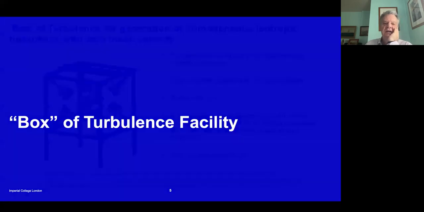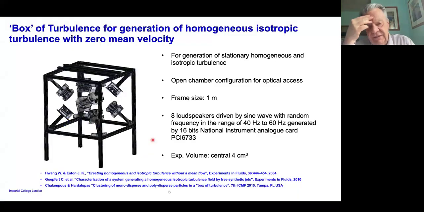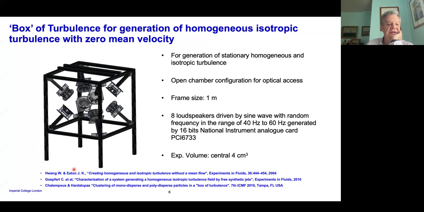As a consequence, we decided to build this box of turbulence facility, which some other people have already done. I think Eaton at Stanford was the first to do something like this, and then there was a group in Lyon in France that made some improvements. Effectively, you put a cube together, and at every corner you put a loudspeaker, all aligned to look towards the center.